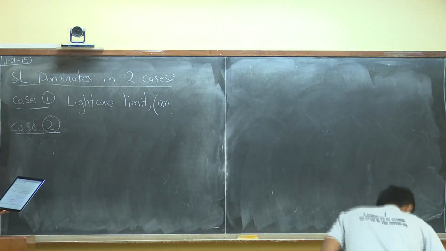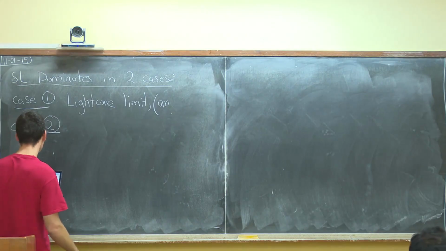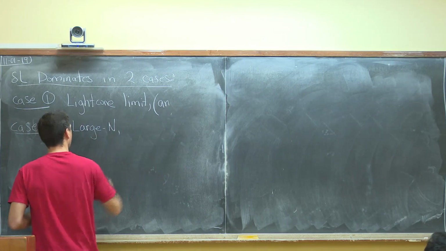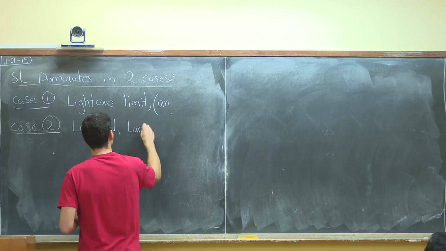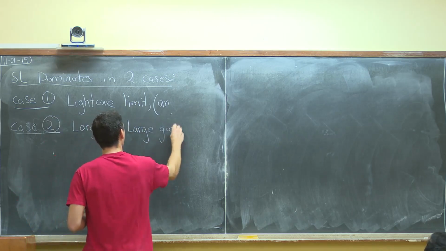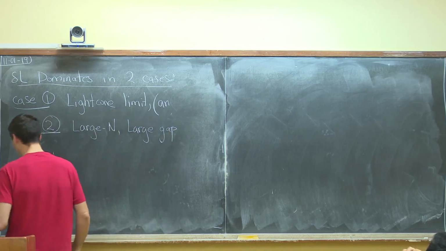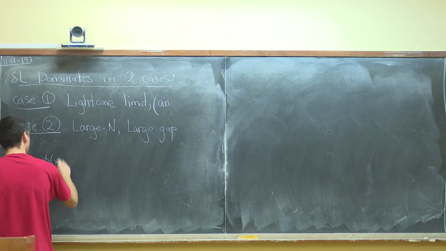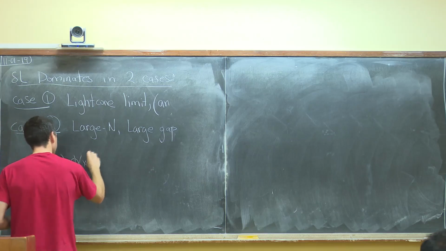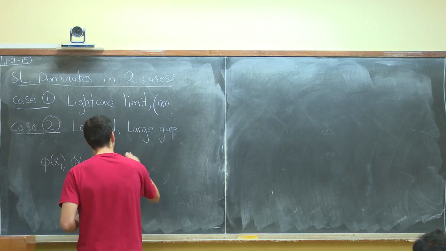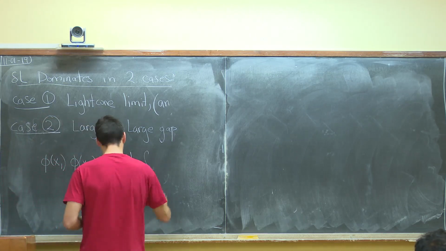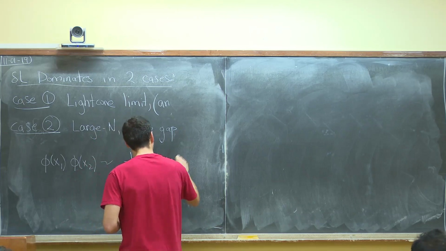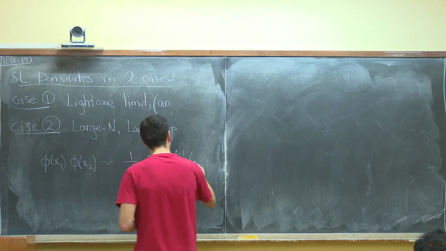Okay, so the other case where delta L dominates are theories with large N and a large gap. And in this case, if we write this OPE again, it looks something like 1 over N squared times the sum of operators of u to the L minus 1, and so on.